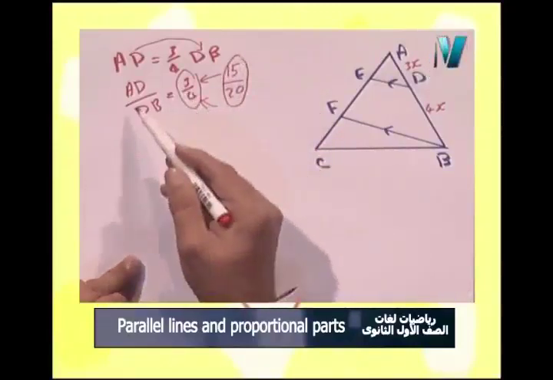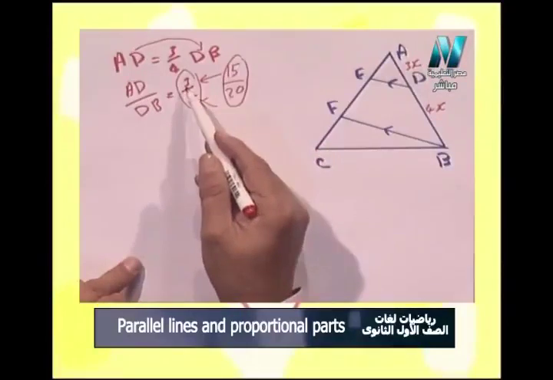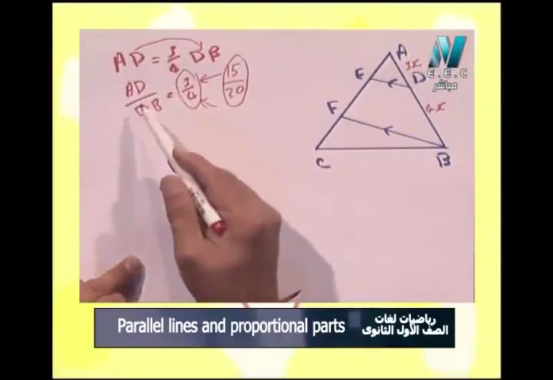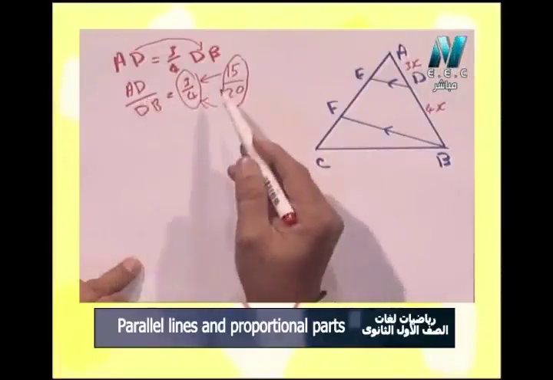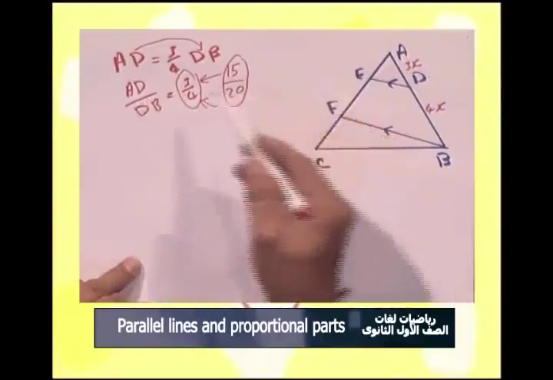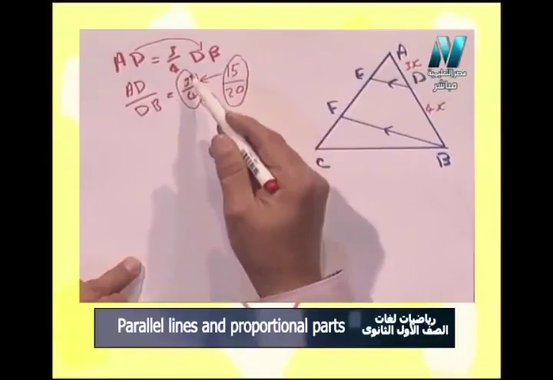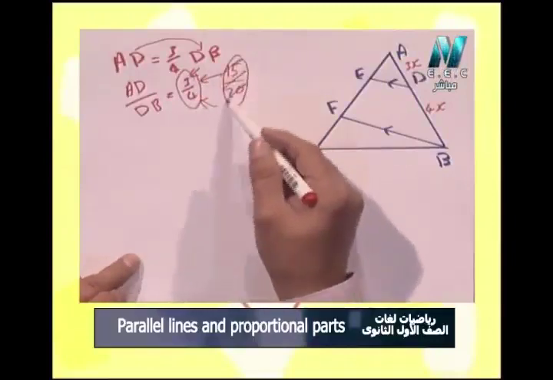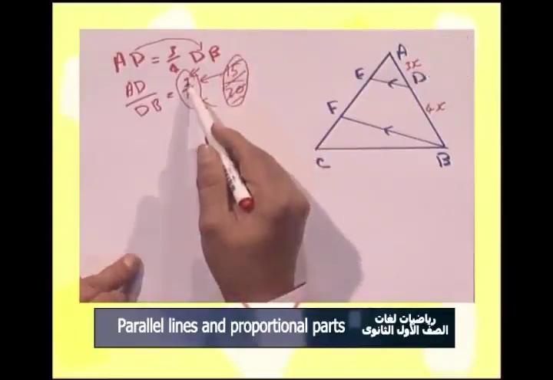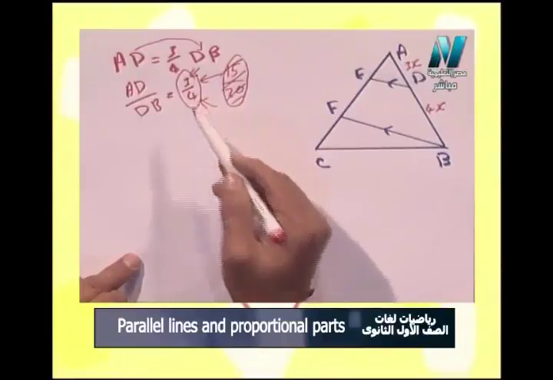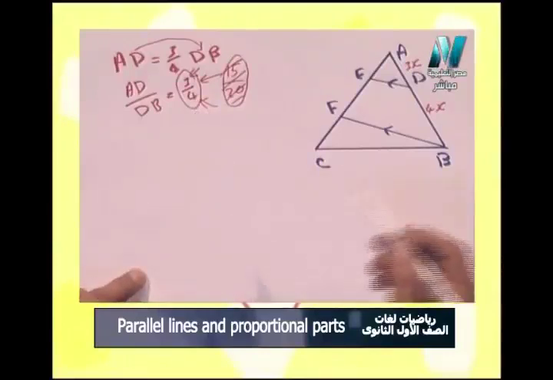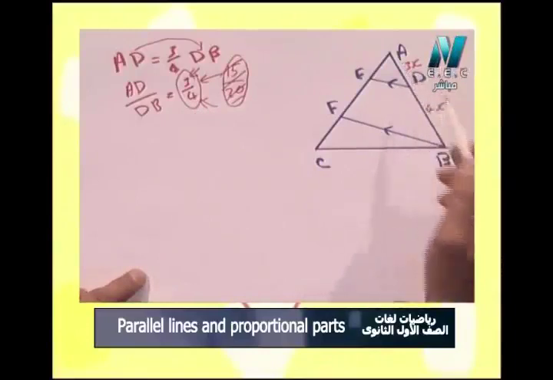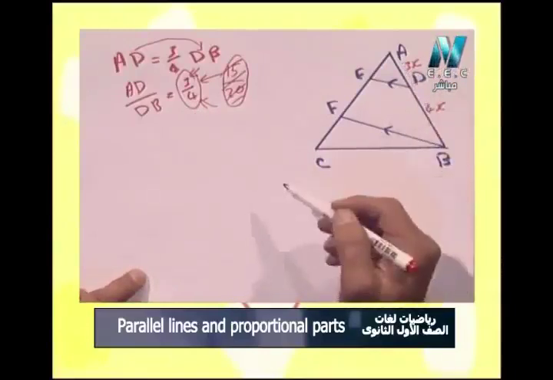So we cannot say that AD equals 3 centimeters if it's a ratio. We say AD equals 15 or something else, multiplied by a number in numerator and denominator. So we say AD equals 3x and DB equals 4x.